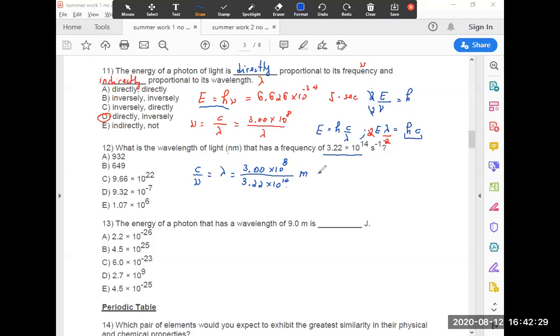So this is going to be, for example, 3 divided by 3.22 times 10 to the negative 6. So if this 3.22 were a 3, then this would have been 1 times 10 to the negative 6.